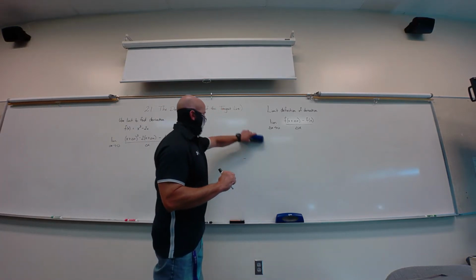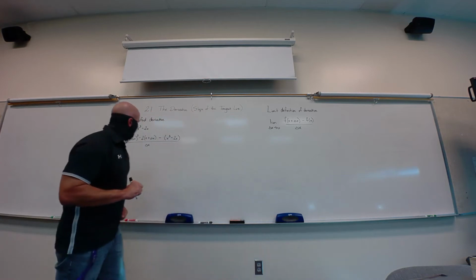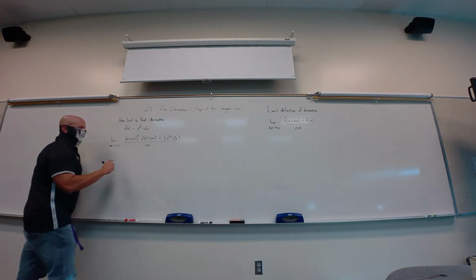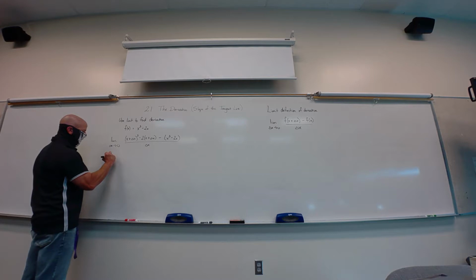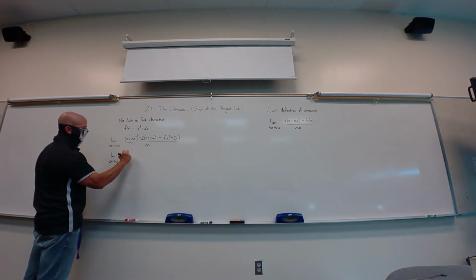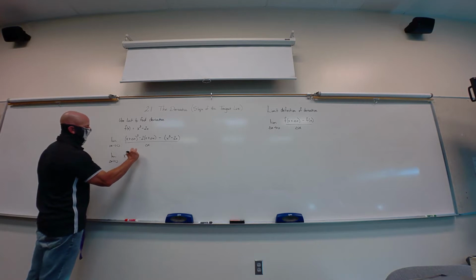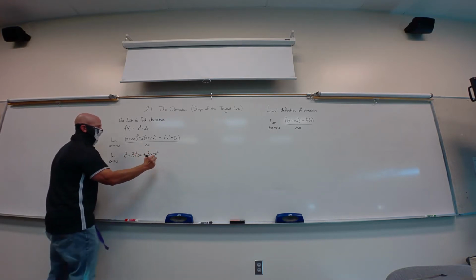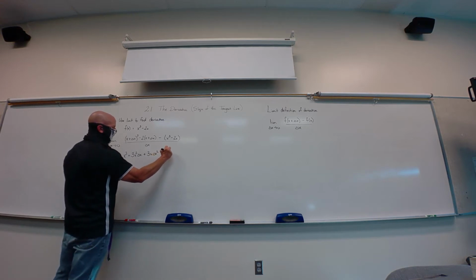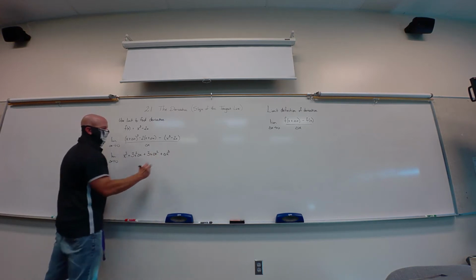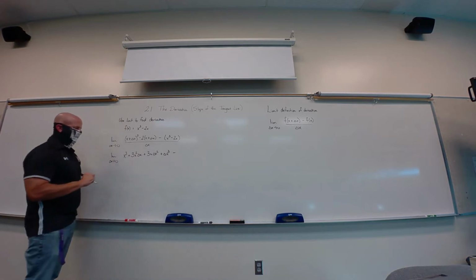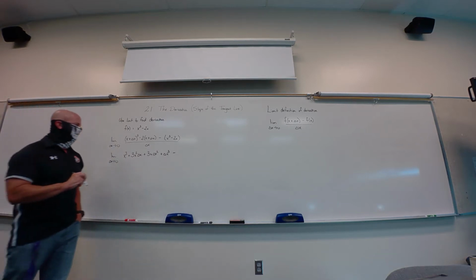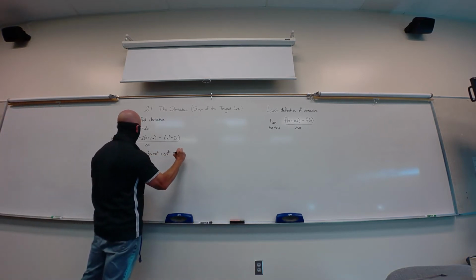Now let's get this thing multiplied out. All right, so I've got my cube here. That would be x cubed plus 3x squared delta x plus 3x delta x squared plus delta x cubed minus, distribute the 2x minus 2 delta x.